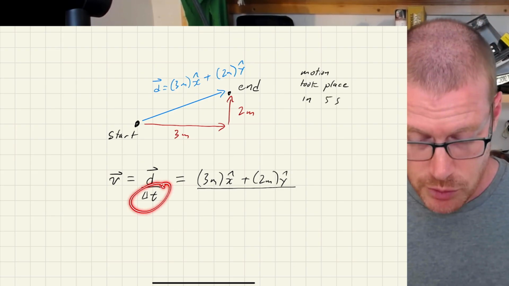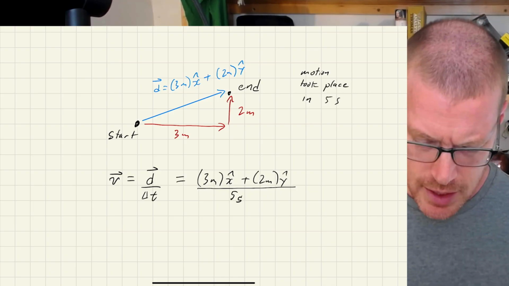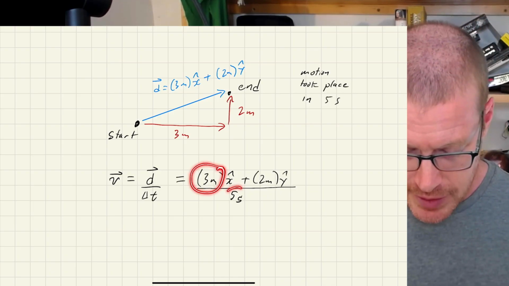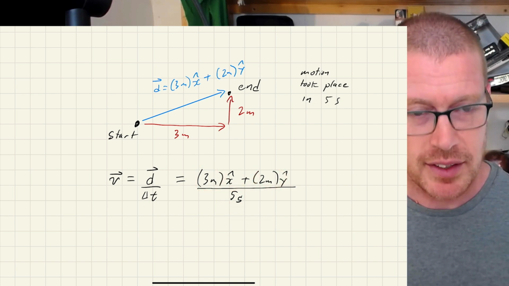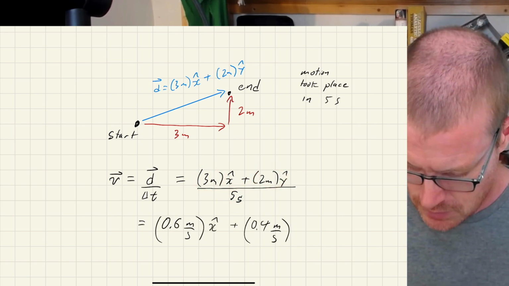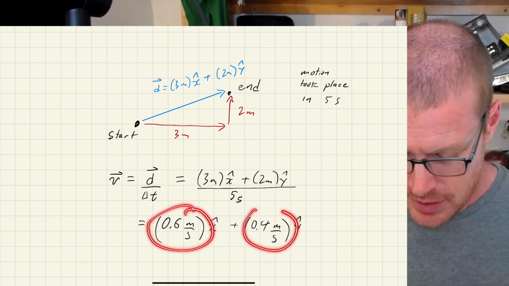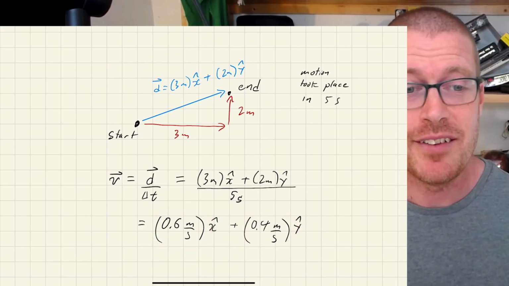Well, then delta t would be 5 seconds. And the way you do the arithmetic is you simply divide each component by that 5 seconds. Again, note that the components have units.